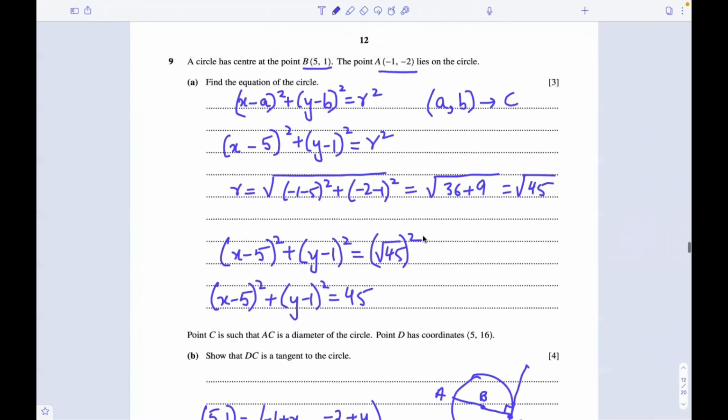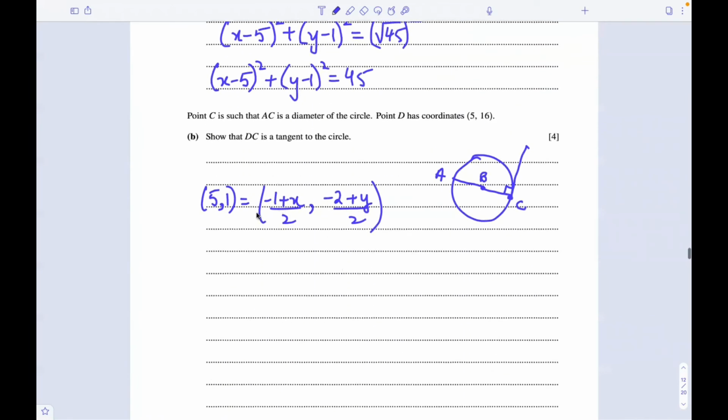Now equating 5 with the x coordinate, we have 5 is equal to minus 1 plus x upon 2, and 1 is equal to minus 2 plus y upon 2. Simplifying this, we get x is equal to 11 and y is equal to 4. So the coordinates of C are 11 and 4.